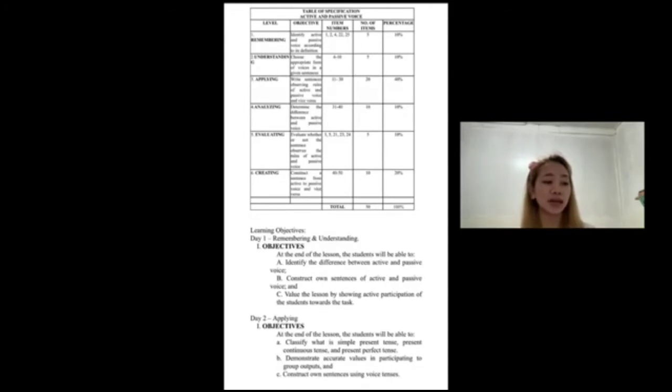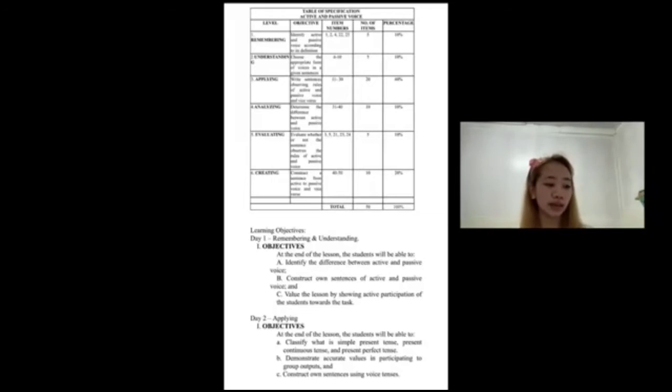In the assessment, item numbers 1, 2, 4, 22, and 25 are about remembering. It has a number of items of 5. The percentage is 10% of the assessment.